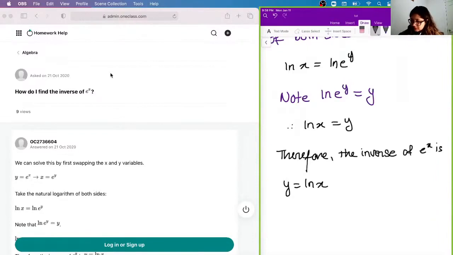We should also know that the inverse of the exponential function is the logarithmic function, and the natural logarithm is the logarithm function with base e, which is your Euler's number.